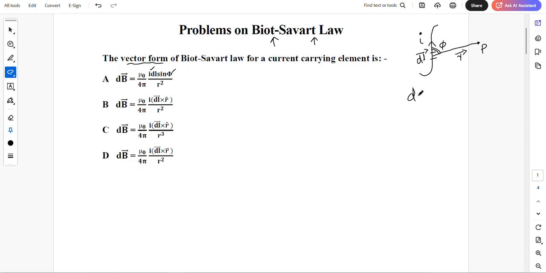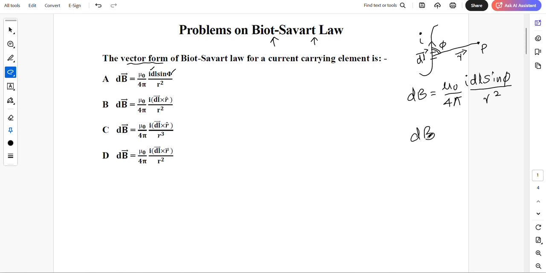Now I can write dB is equal to mu naught by 4 pi I dl sin phi by r square. From where did I get this one?